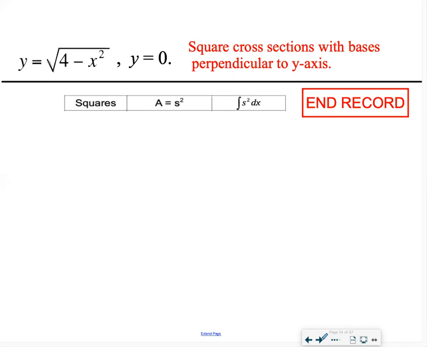Okay, if you guys were to graph this in your calculator, square root of 4 minus x squared would look something like this.